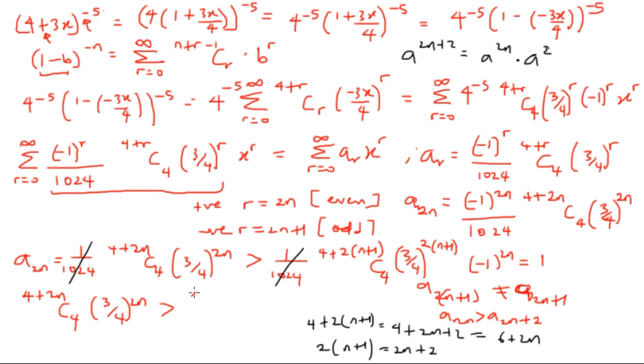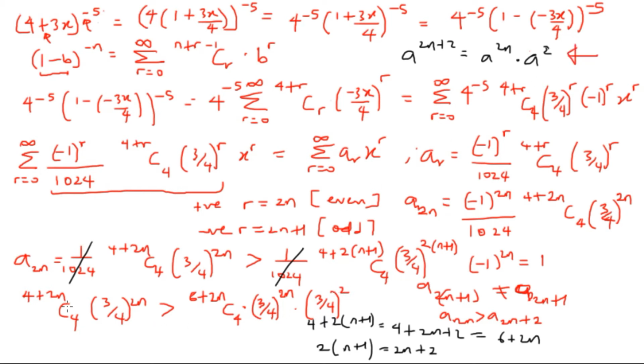I will have (6 plus 2n) combination 4, then 3 over 4 raised to power 2n plus 2, of which I can split so that it will become (3 over 4) raised to power 2n times (3 over 4) raised to power 1, raised to power 2, just like this rule that I have just showed you.